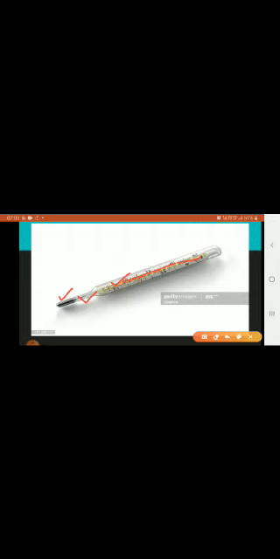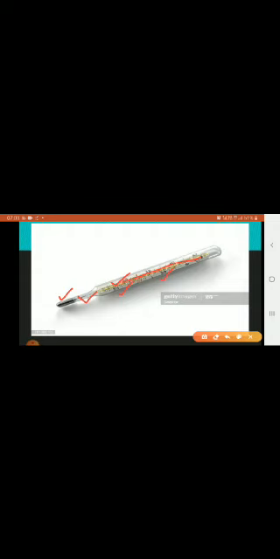The stem, I already told you, is attached to the bulb, and a scale is there. Here you can see that demarcations are present with the capillary tube. Actually it is the outer portion, there the scale is there. Okay students, so I hope you have understood the construction.